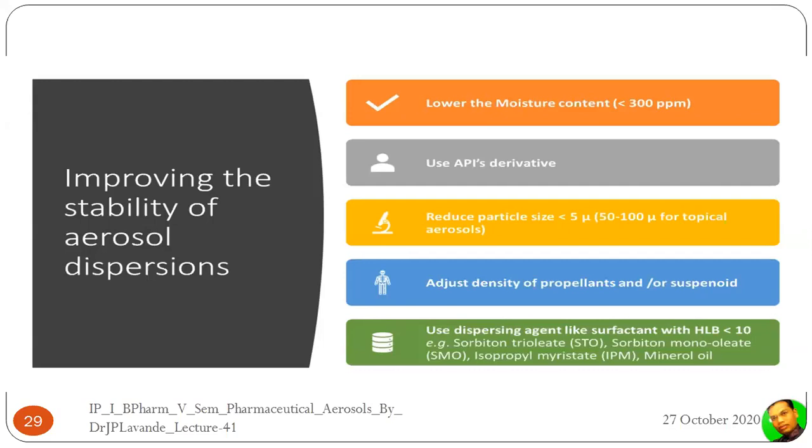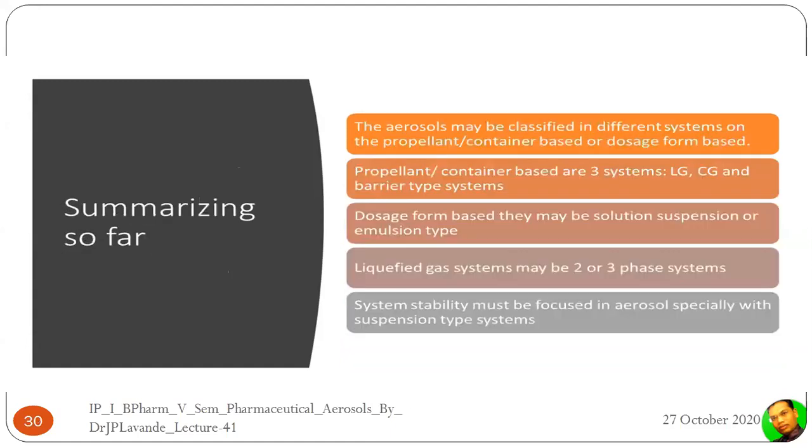There is also a need to adjust the density of the propellants and/or the suspensoid. Sometimes we need to use dispersing agents or surfactants, like agents with an HLB value less than 10: sorbitan trioleate (STO), sorbitan monooleate (SMO), isopropyl myristate (IPM), and mineral oils.